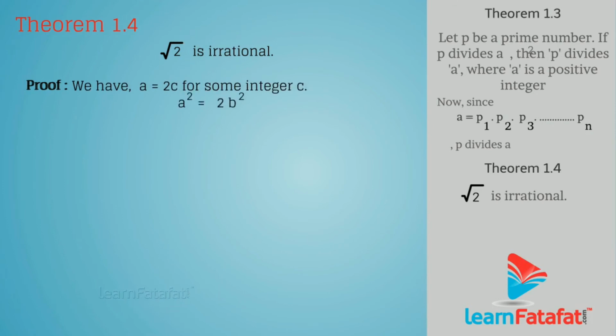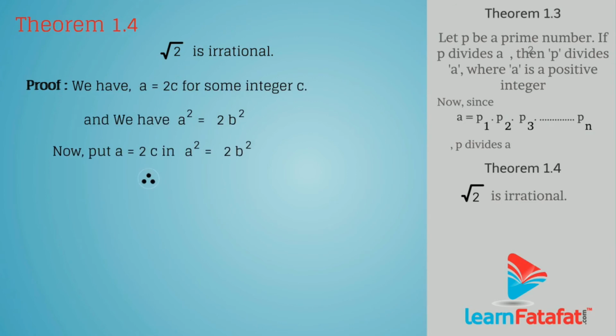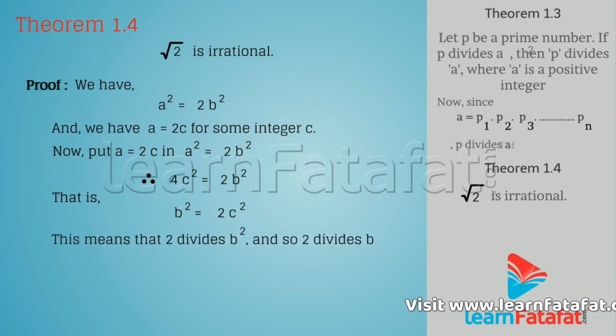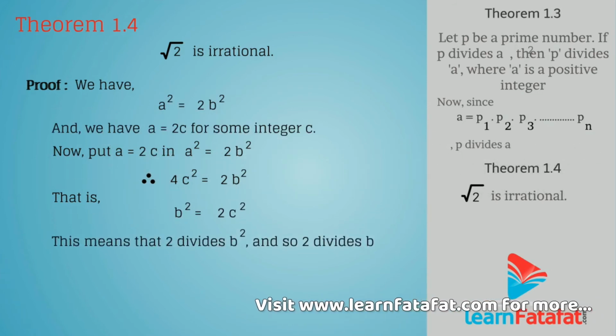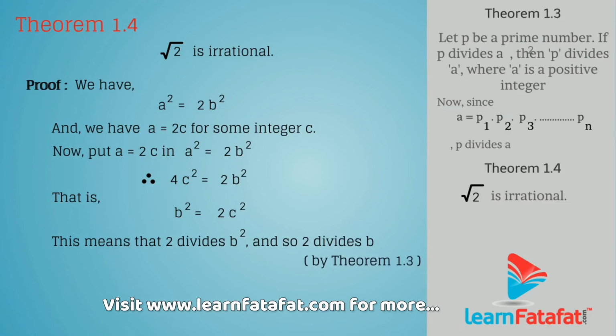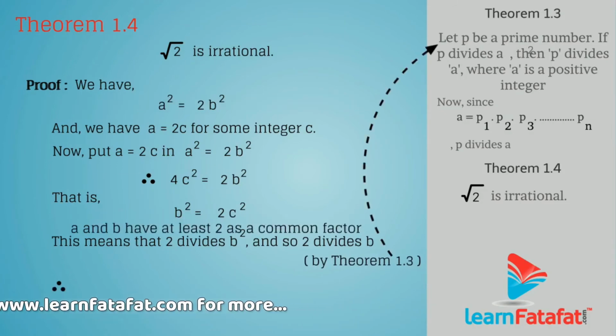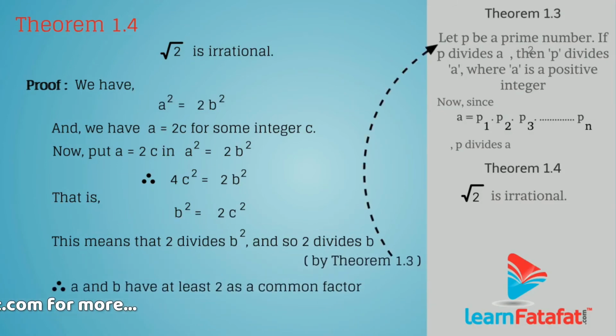Now, we have a is equal to 2c and a squared is equal to 2b squared. By using this, we get 4c squared is equal to 2b squared. That is, b squared is equal to 2c squared. This means that 2 divides b squared, and so 2 divides b by theorem 1.3.